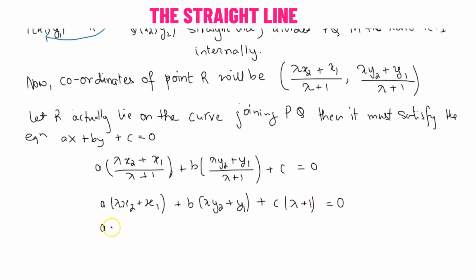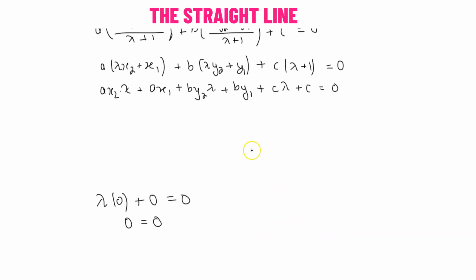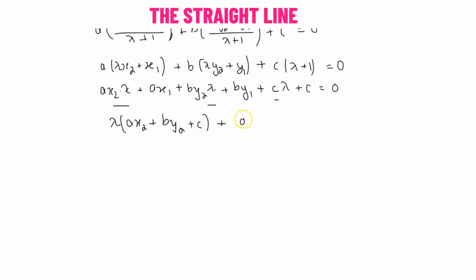So we get ax2 times lambda plus ax1, plus by2 times lambda plus by1, plus c lambda plus c equals 0. Let's combine the terms containing lambda by taking lambda as the common factor. So we have lambda times (ax2 + by2 + c), and the rest of the terms will be ax1 + by1 + c = 0.